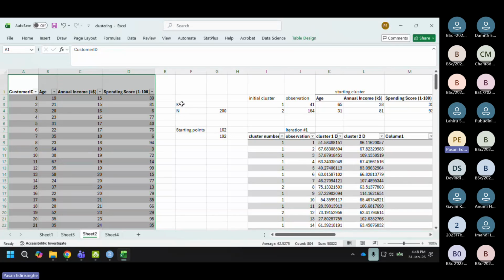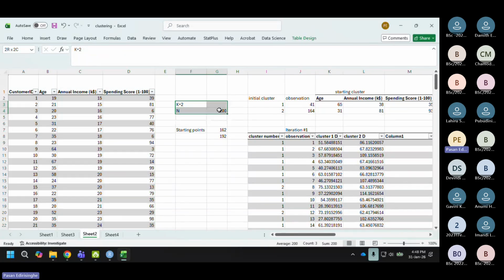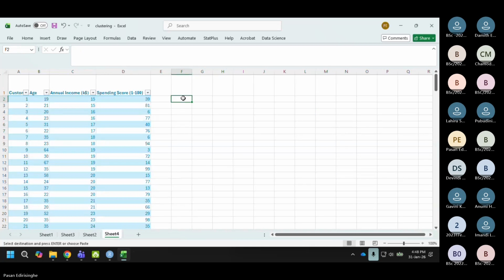So I have my total number of observations, 200 observations, and I've decided to go for k equal to 2. You can decide any number there.